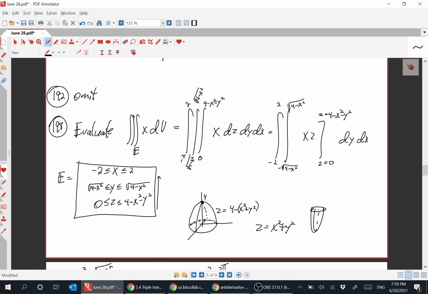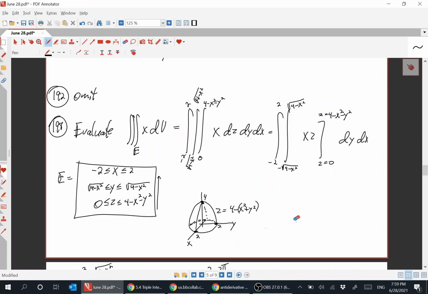So it's coming down, and it intersects the xy plane in this circle of radius 2. If you let z equal 0, then you get 4 equals x squared plus y squared. That's the circle of radius 2. So this is what this thing looks like. It's this parabolic cap kind of thing. Not a sphere, I mean, a parabola isn't a circle.